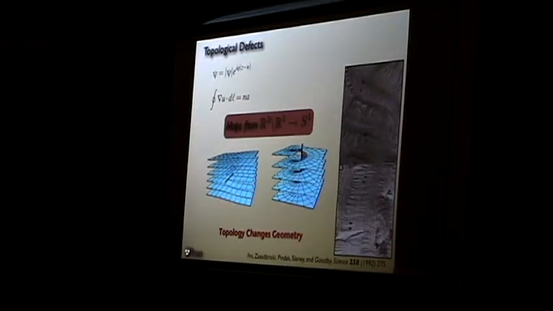It's freeze fracture. You tear it. It tends to cleave along the layers, and those steps just end. And that means that you have a screw dislocation. And the whole edge where the step is the edge dislocation. Right? So every time you walk up a step, that's an edge dislocation you cross. And then as you go down the stairs in the spiral staircase, you're going around the screw dislocation.